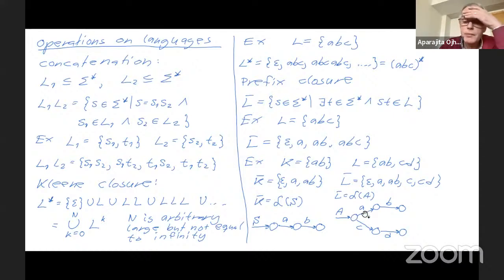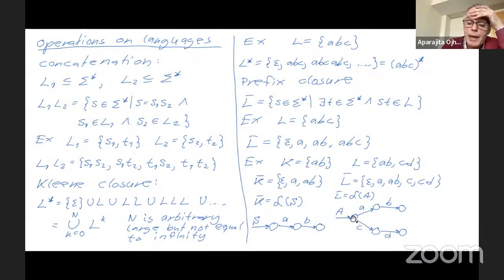On the other hand, if we say that this A is actually a plant which spontaneously can take either A or C, then we see here that A is also part of the desired behavior given by the supervisor. So that's okay.